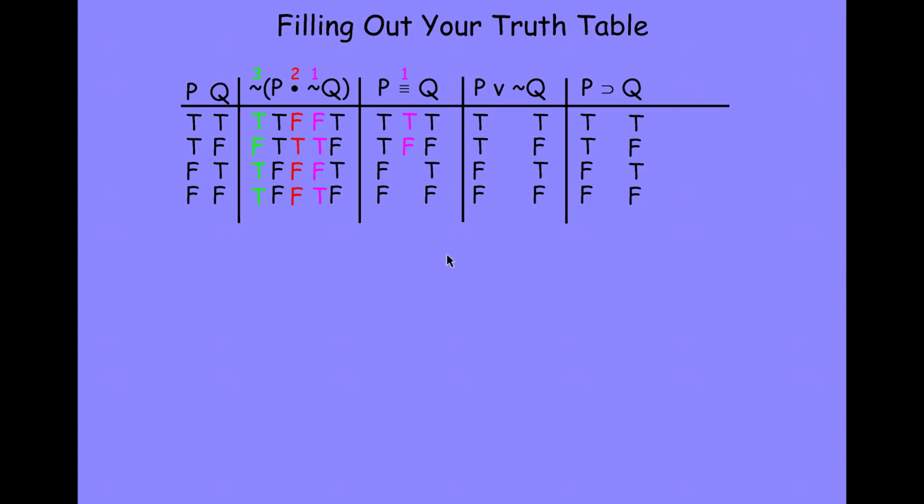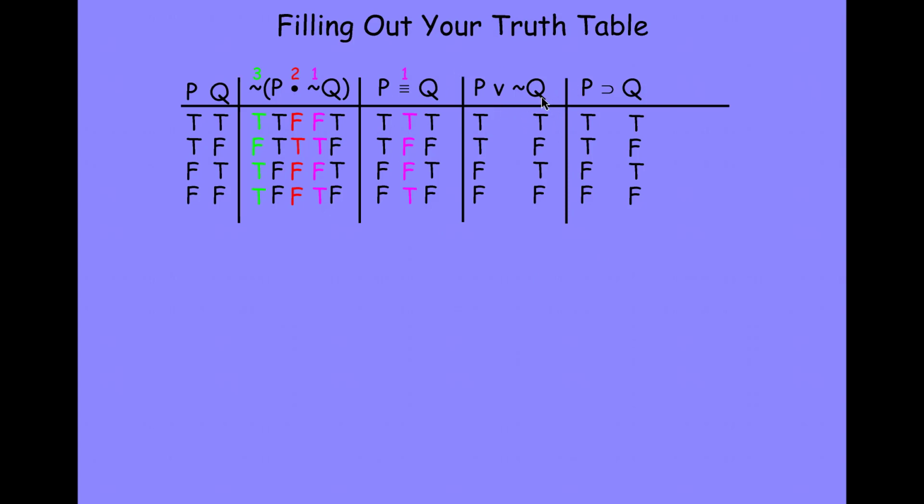The third row, P is false and Q is true. They have different truth values, so the biconditional is false. And then that last row, P is false and Q is false, so they have the same truth values, and so the biconditional will be true. That gives us our truth value for this formula every different way the world could be.